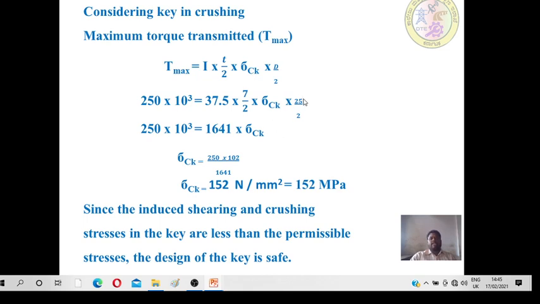If you substitute everything, we get sigma Ck equal to 152 Newton per mm square, which is also equal to 152 MPa. Since the induced shearing and crushing stresses in the key are less than the permissible stresses, the design of the key is safe.